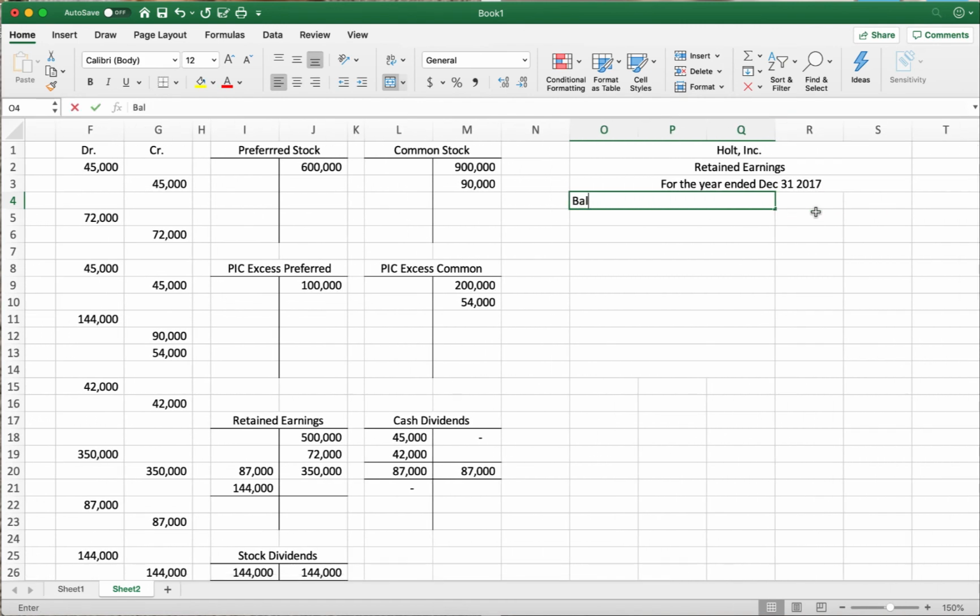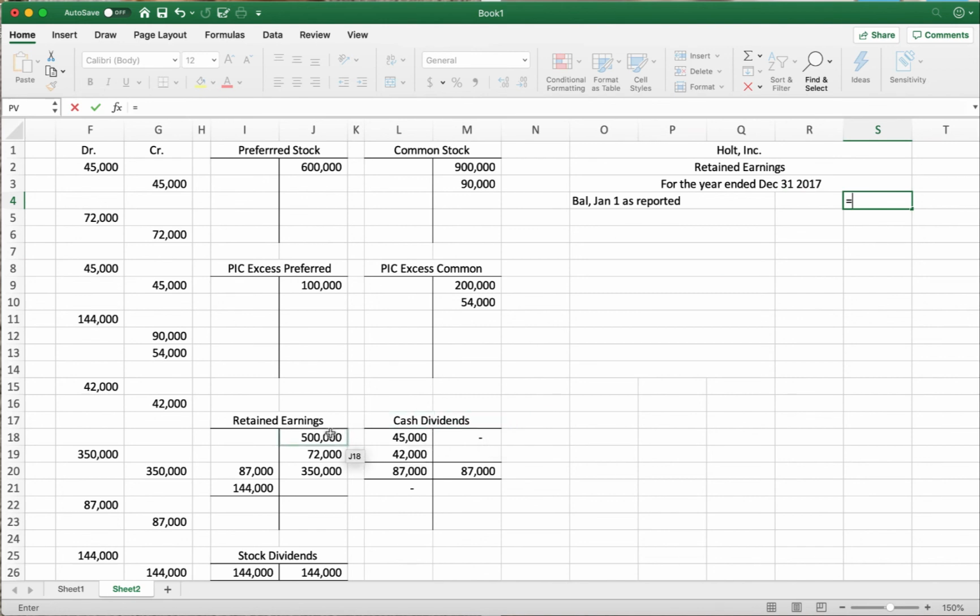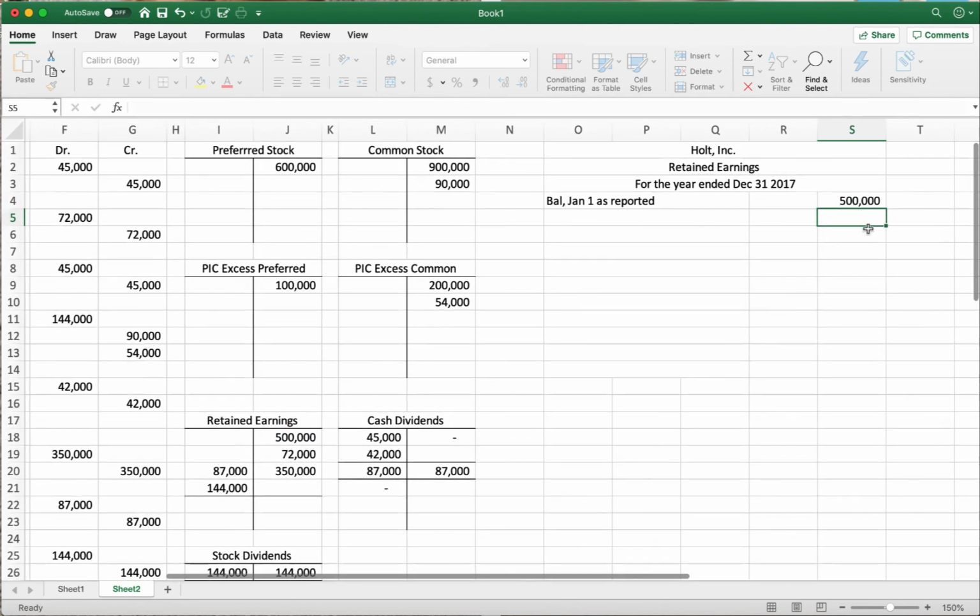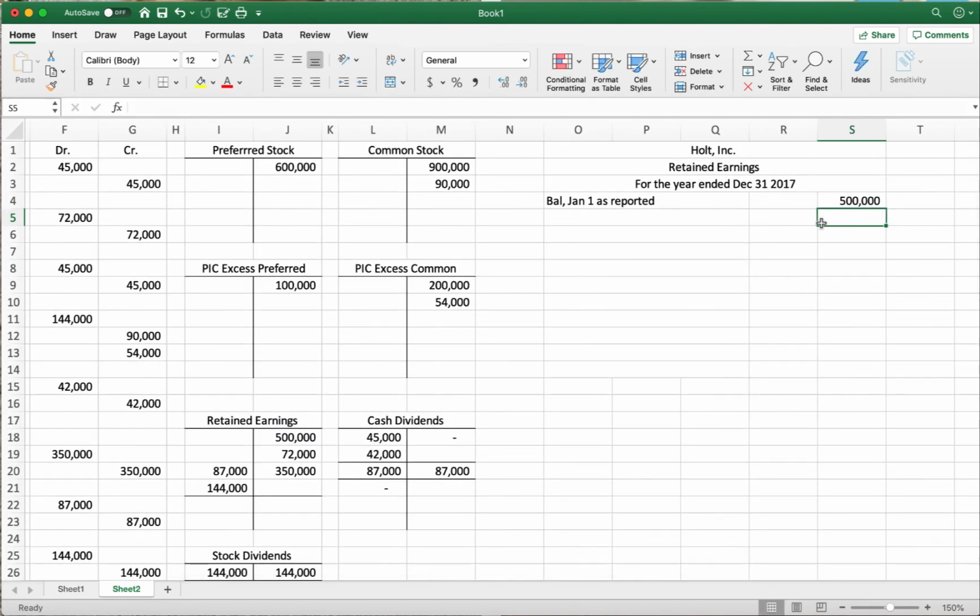So the balance as of January 1, as reported, is the $150,000 beginning balance. So I'm going to post that right here, or report that right here. Okay, we made a correction, right? So I'm going to put that in there.